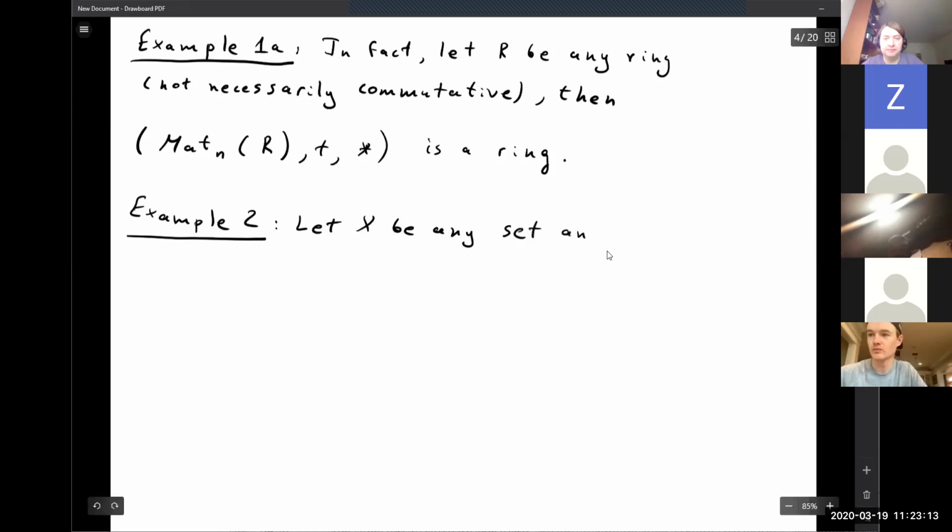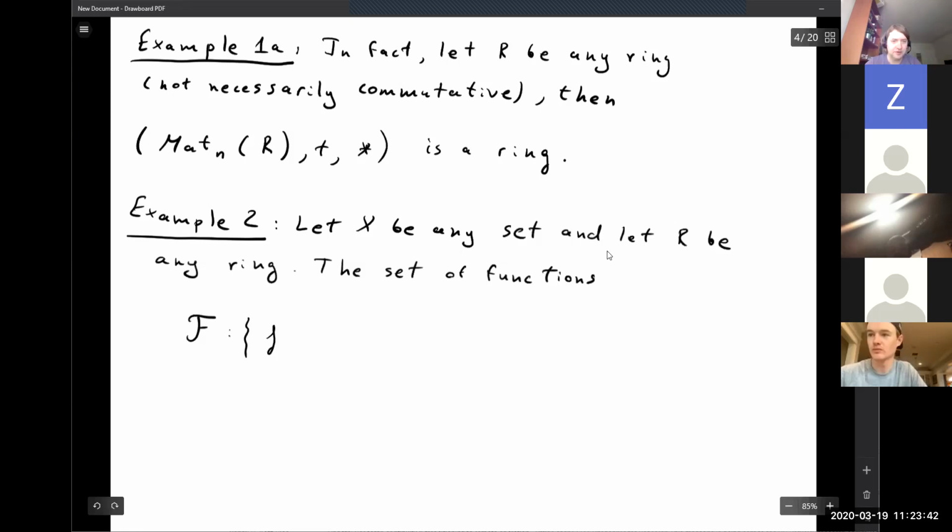And let R be any ring. Now, then the set of functions, which we will call calligraphic F. The elements of this set will be functions from X to the ring R. This is a ring where the addition and multiplication are defined as follows.